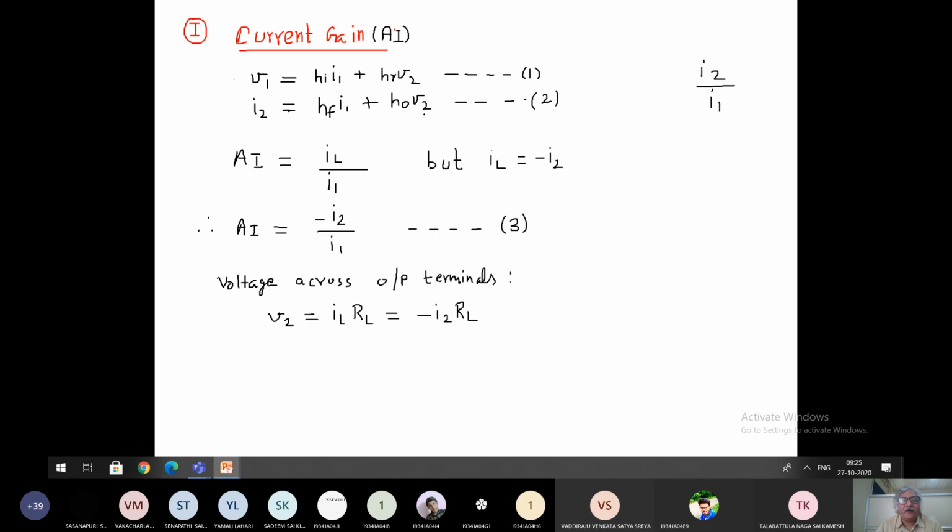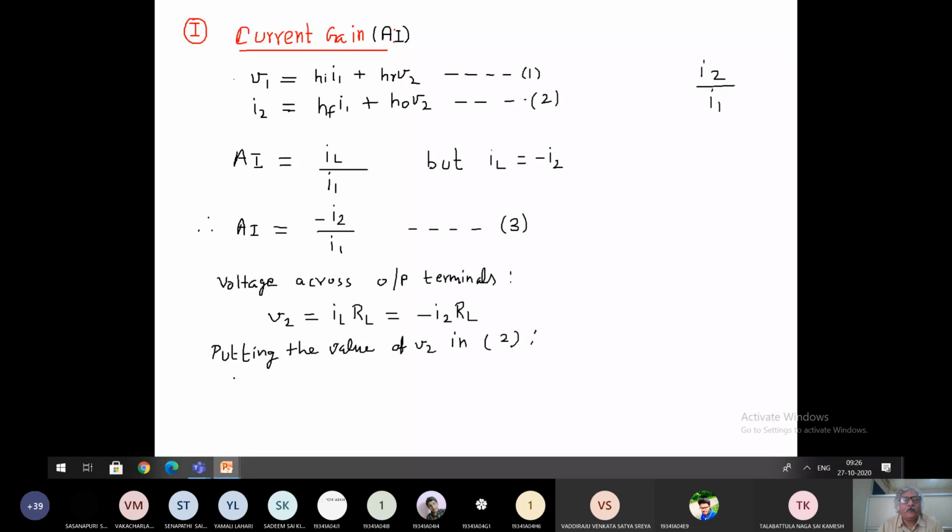This can be eliminated if we put V2 is equal to minus I2 RL there. So putting the value of V2 in equation 2, right?